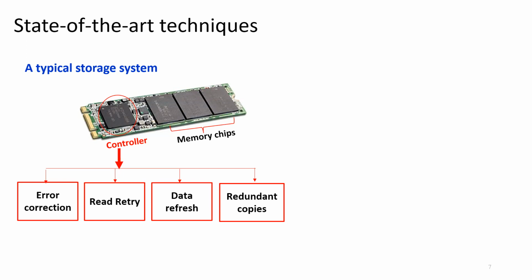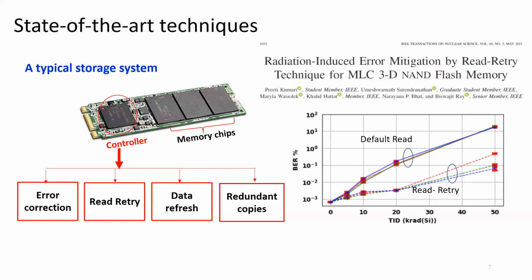You cannot correct any amount of errors, and our recent research shows that even with all those techniques, in a high radiation environment your error rate will be higher, and error correction codes can fail to correct. In high radiation environments, none of these techniques will prevent data corruption.